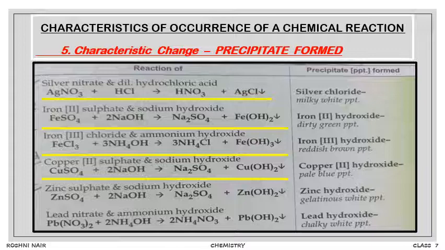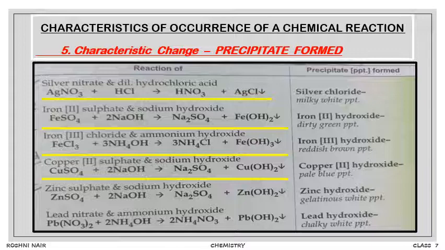So when it reacts, what is the product which is formed? Copper hydroxide, and the precipitate will have a pale blue color. Zinc sulfate and sodium hydroxide, when they react, give zinc hydroxide, which is the same gelatinous white PPT.